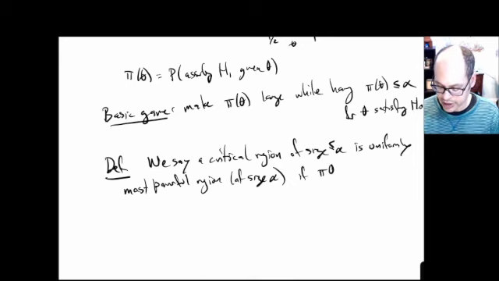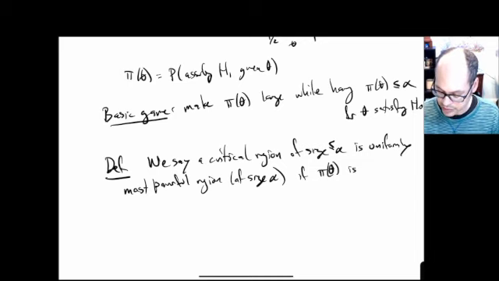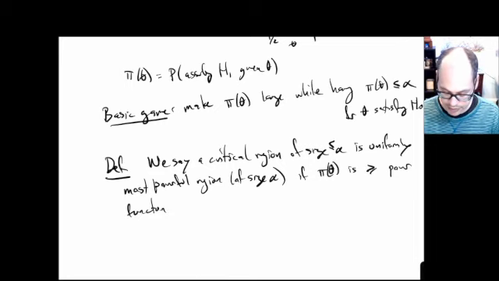if pi of theta, this power, is at least as large at every value, greater than or equal to the power function for any other critical region of size at most alpha.